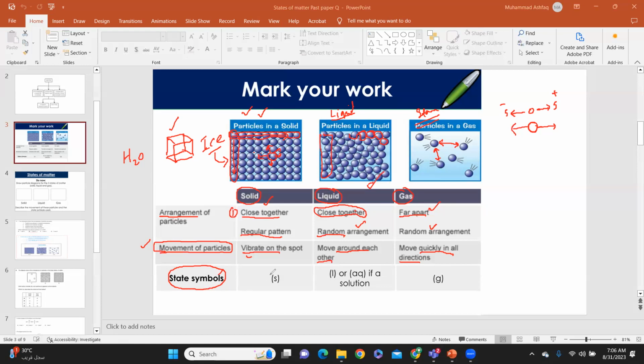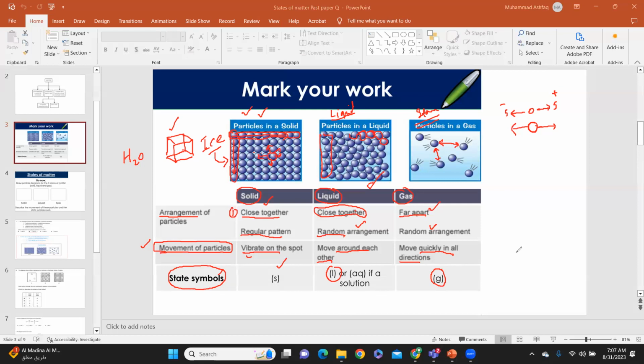Just write the state symbol: only S in brackets for solid, only L within brackets for liquid, and only G within brackets for gas. So these are the state symbols, the representation of the state of a matter.